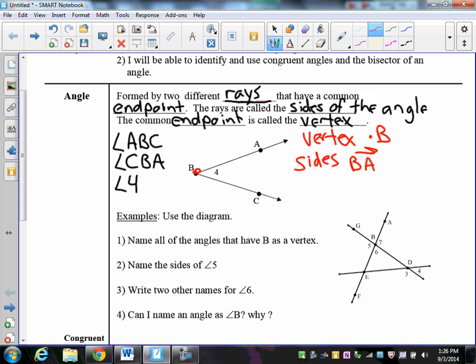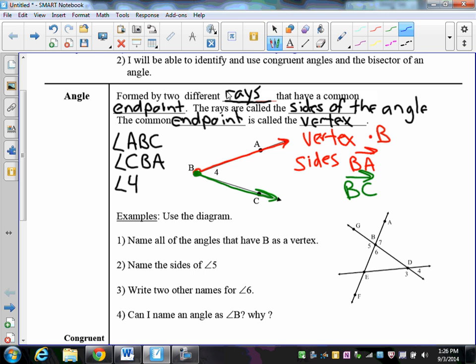Remember, you start with the endpoint and you go out through a point that you touch. The other side of the angle, we start at B and we go through C, so it'd be ray BC. So those are the vertex and the sides. The vertex is a point, and the sides are rays.